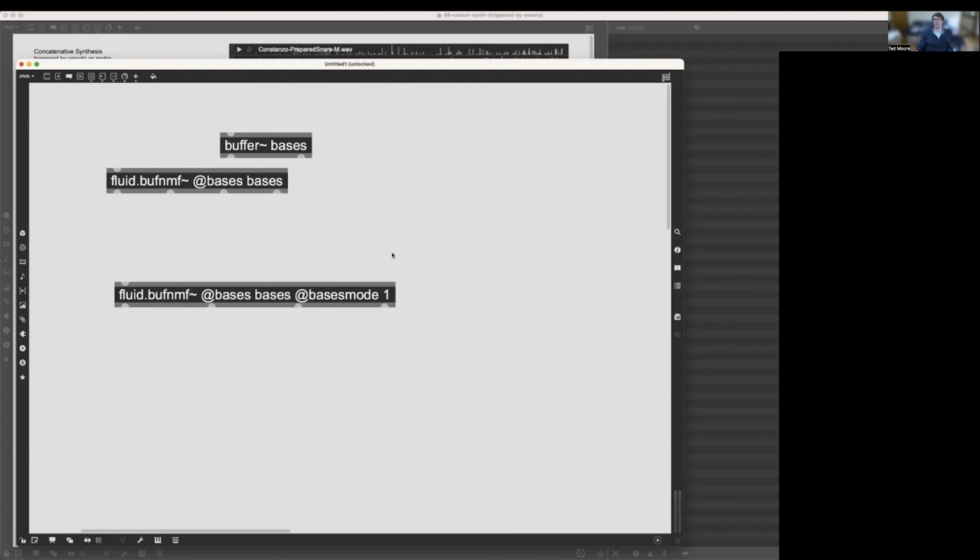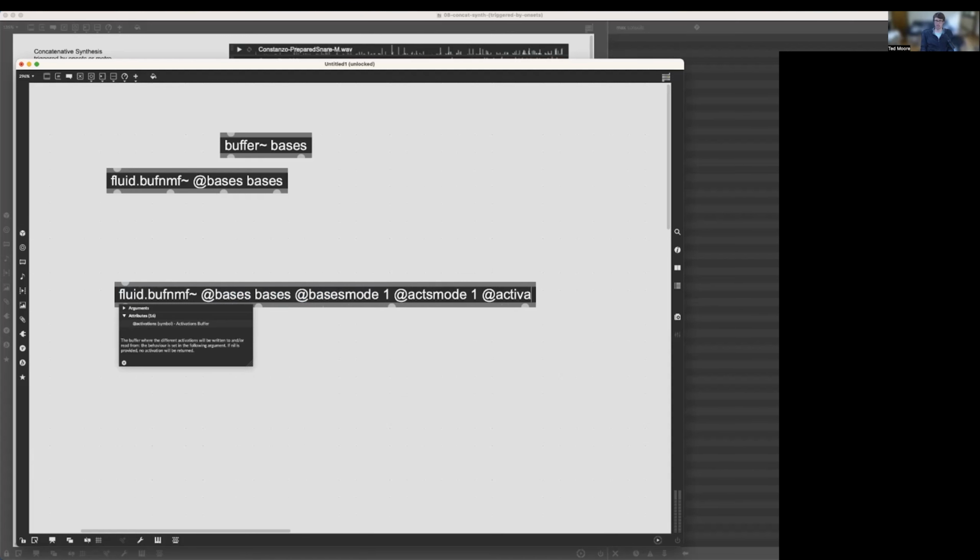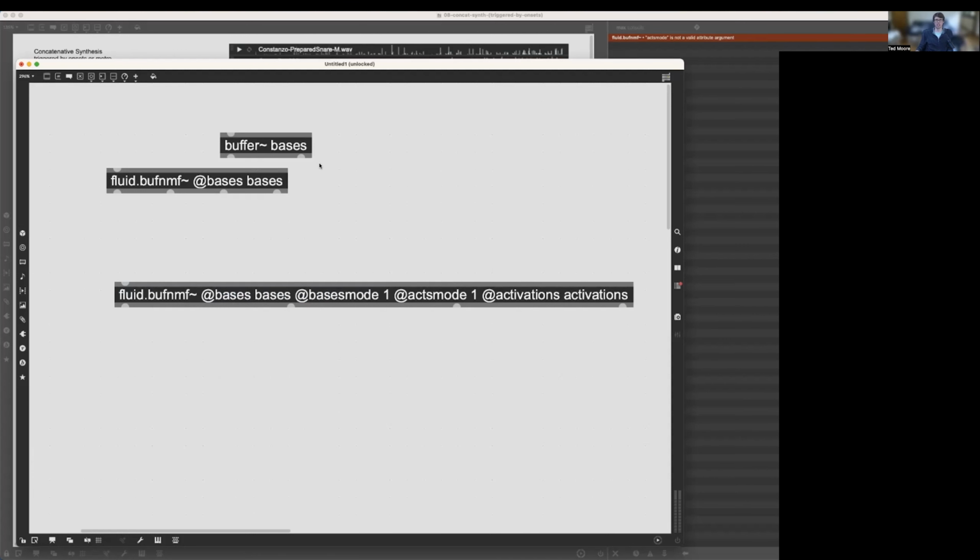And it's the same with the activations. Activations mode 1, and activations can also be a buffer that was received from a previous buf NMF analysis.